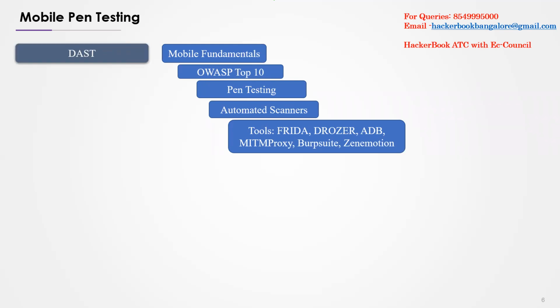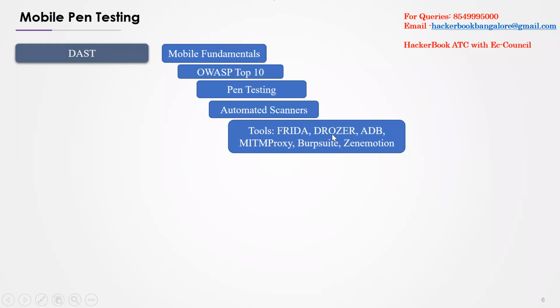Genymotion is the virtual platform where you try the manual pen testing scenarios. We make use of Genymotion or Android Studio virtual devices. We are going to use either of these, and Frida is used for bypassing SSL pinning.